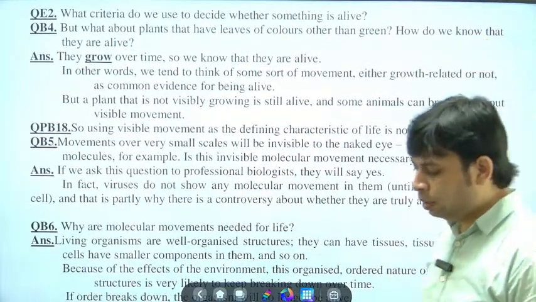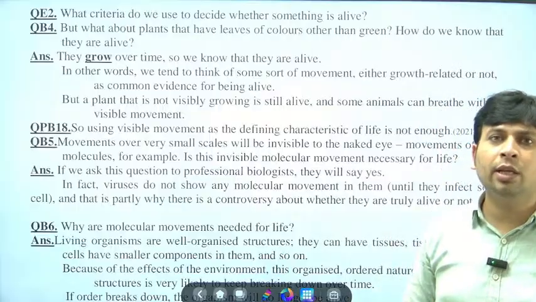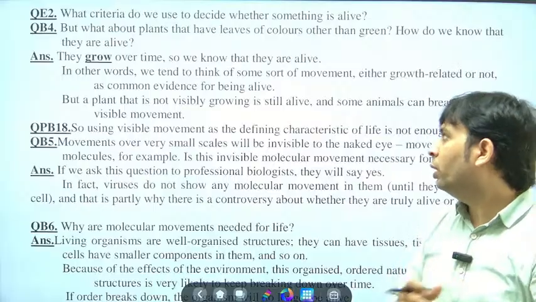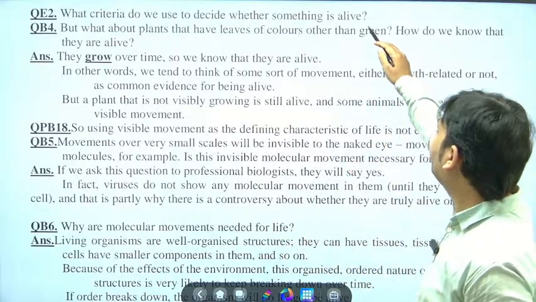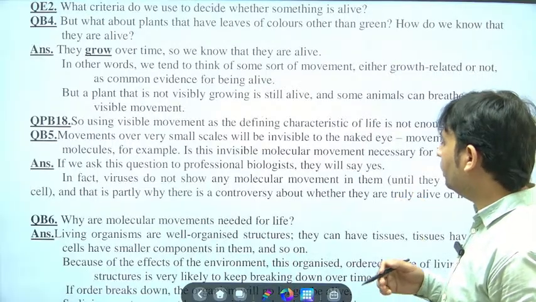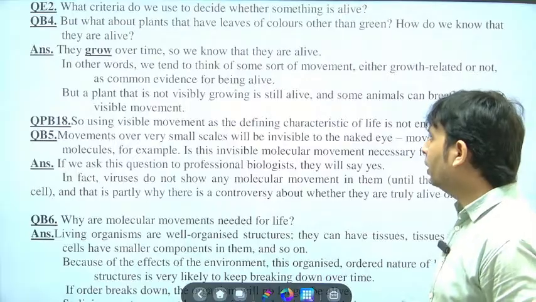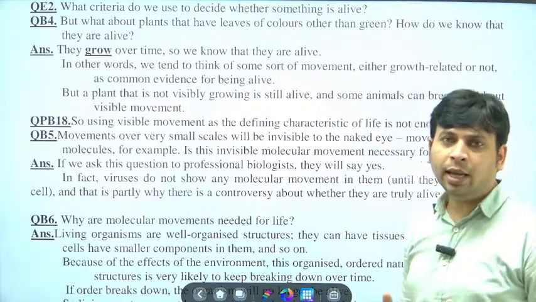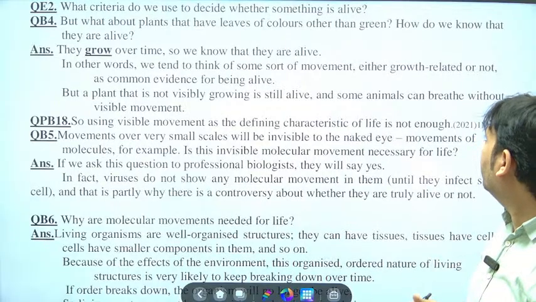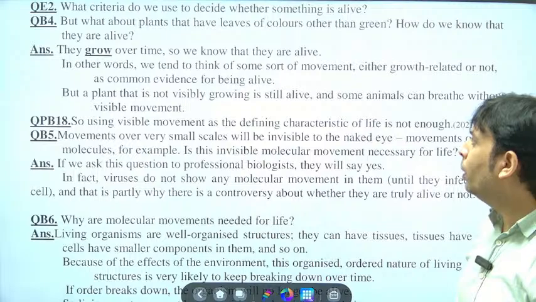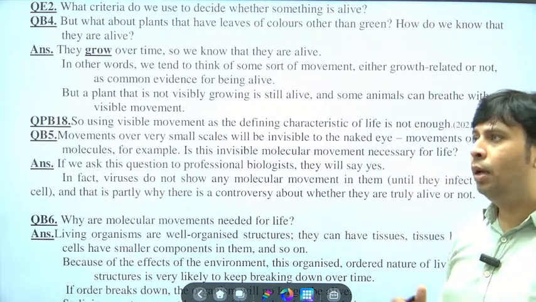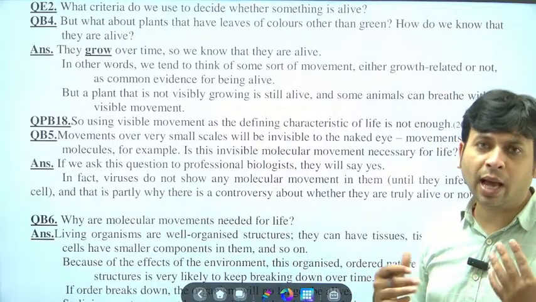So we will also discuss here the NCERT question of this chapter. This question is given in your chapter: what criteria do we use to decide whether something is alive? The criterion for a plant is that it is green, but growing means increase in number or increase in height.